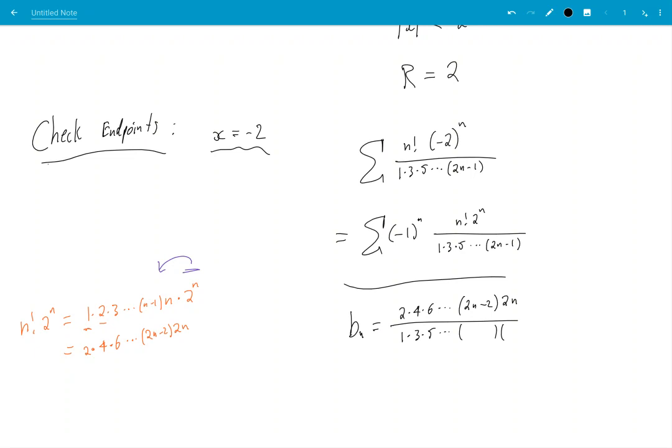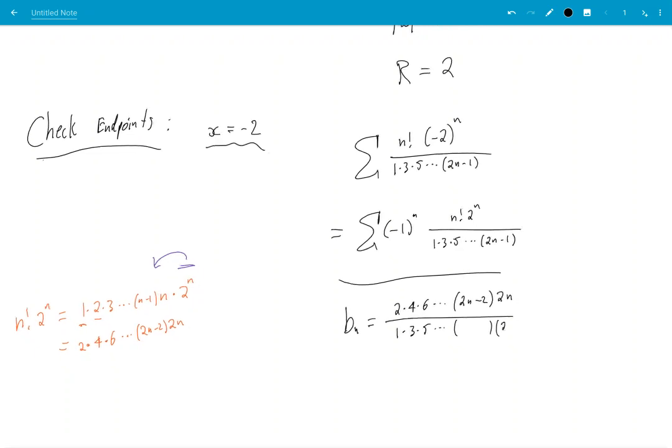Yeah, there are n. I was just pausing there because I want to make sure there were n factors in the denominator here, but there are. So the last one's 2n minus 1, and before that we have 2n minus 3.